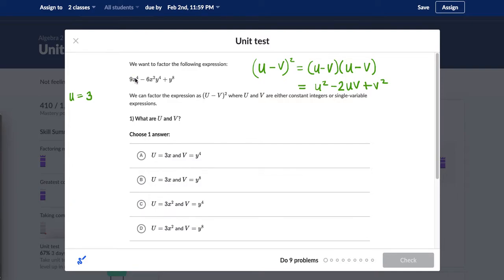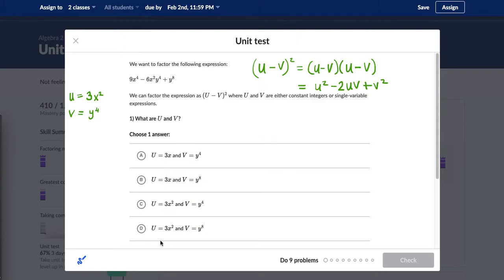The square root of that is y to the fourth power.